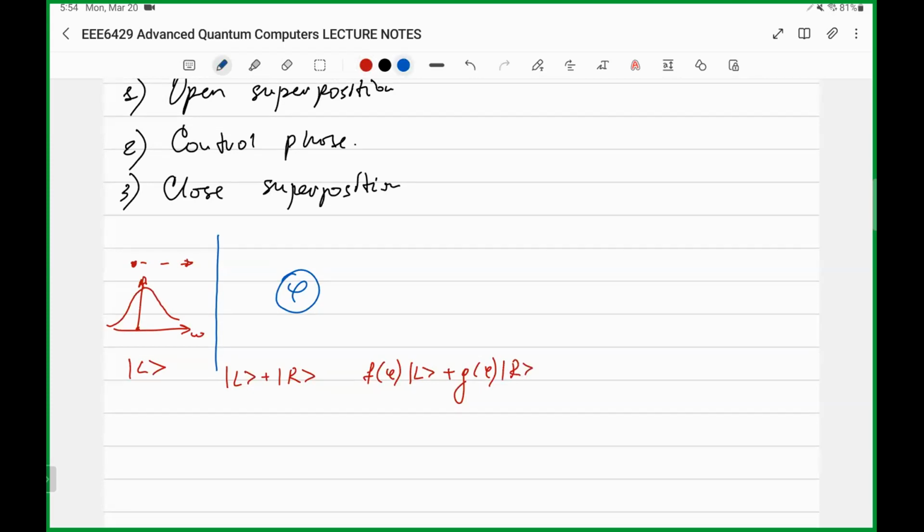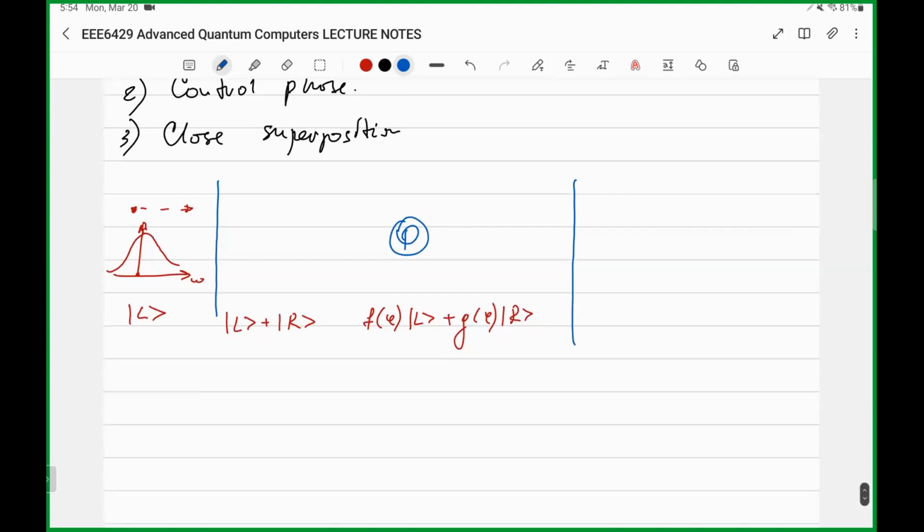And then I close this superposition with another screen, and the photon comes out or bounces off to the left. So it comes out with a probability that depends on phi, and my result will be something like this, some spike in the result.